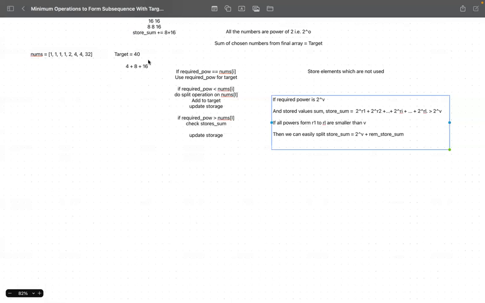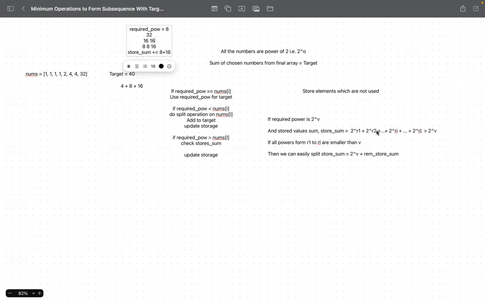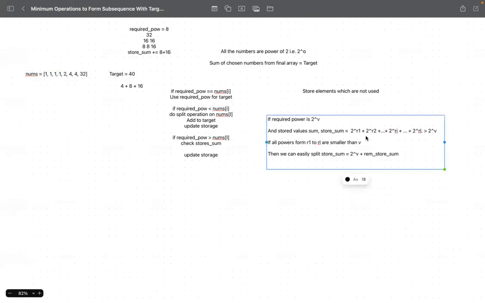Even if you split 32 into 16 and 16, 16 is also a power of 2, right? So everything is a power of 2 only. And all of these powers of 2 are smaller than 2 to the power v. Why? Because whatever you have already encountered is anyway smaller, because the values are sorted. So all of these values will be smaller than 2 to the power v.